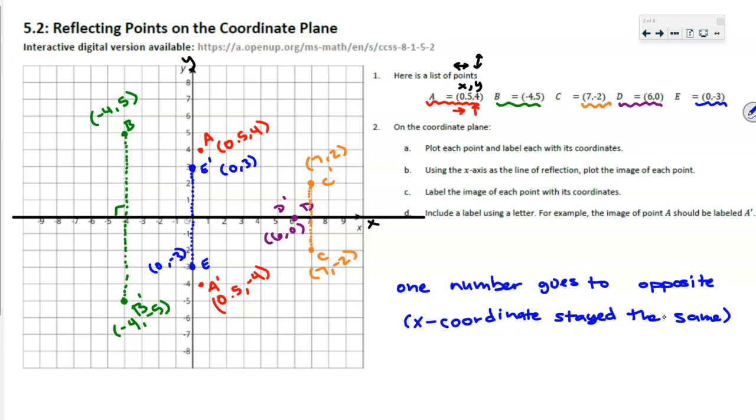Yeah, that's our next example that we're going to take a look at. So let's really be specific here. We originally said one number goes to the opposite, but now we've fine-tuned it and we said the x-coordinate stayed the same. So what is the number that goes to the opposite? Landon. Yeah, it's the y-coordinate that goes to its opposite.